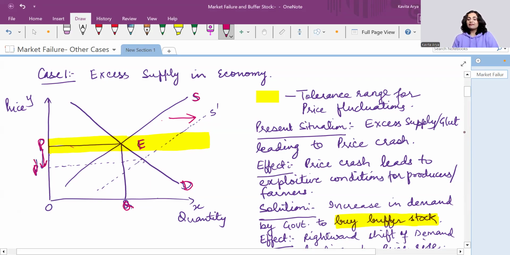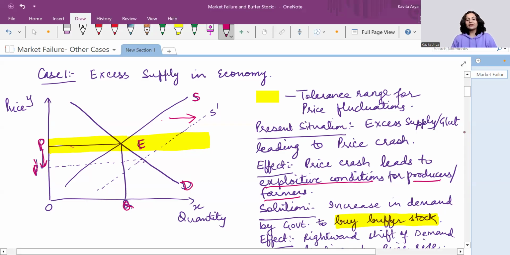So what is the effect? The price crash leads to exploiting conditions for farmers or producers. Why? Because they had put their heart and soul in the production process, and at the time of harvest, they're not getting the required and genuine prices of their produce.